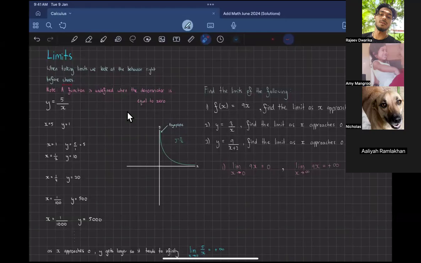If the denominator is getting really big, what happens to your final answer? It would be small. Think about it like a half, right? A half is 0.5.